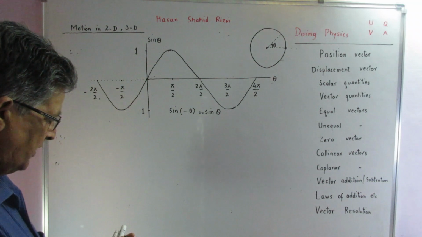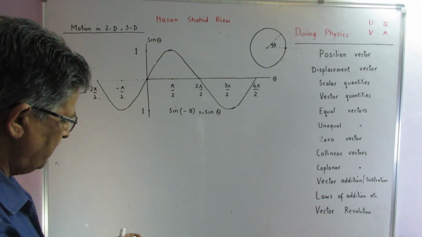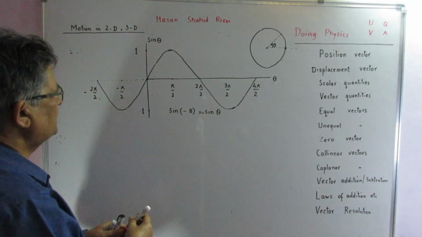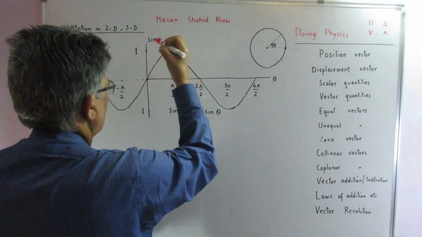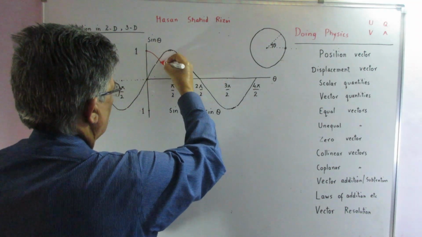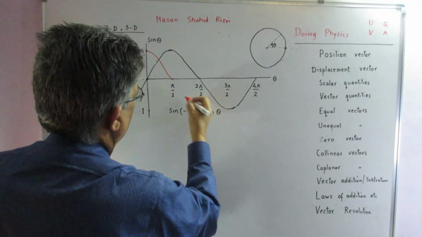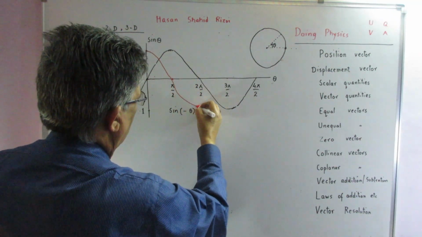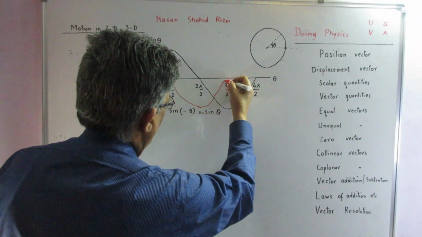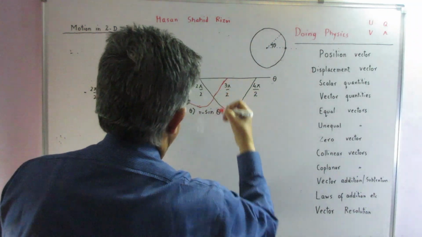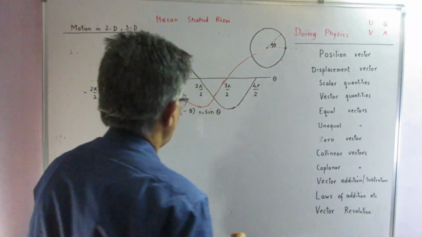But if I plot the cosine curve, for example, that will go like this. It starts at a maximum value of 1, and thereafter as the value goes to pi by 2, the value of cos theta becomes equal to 0, and then again goes to minus 1, and my hands are sort of trembling, so it goes like this.